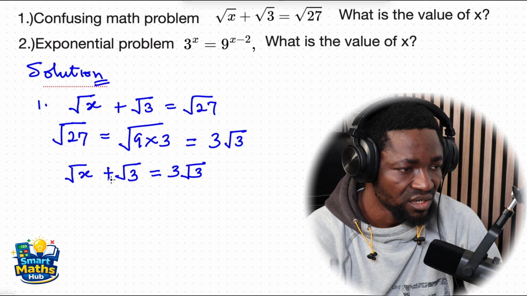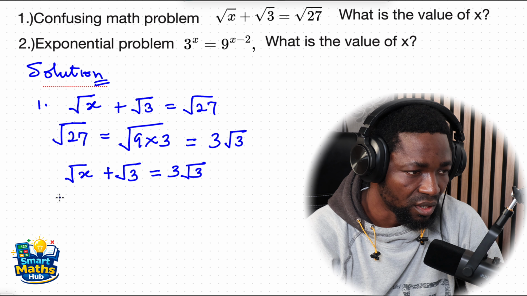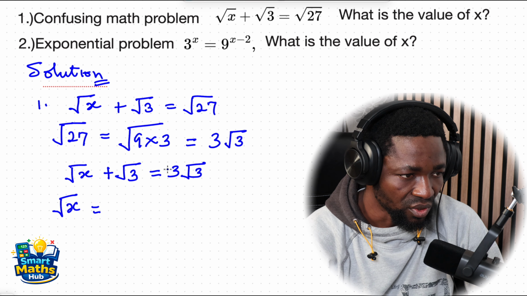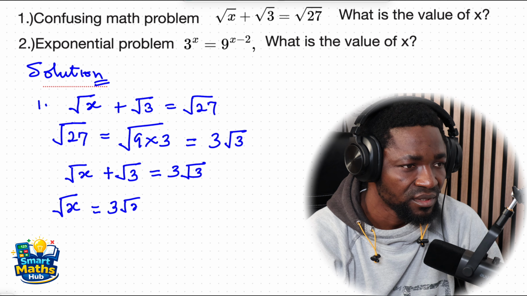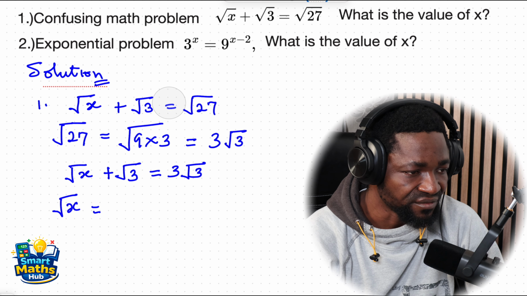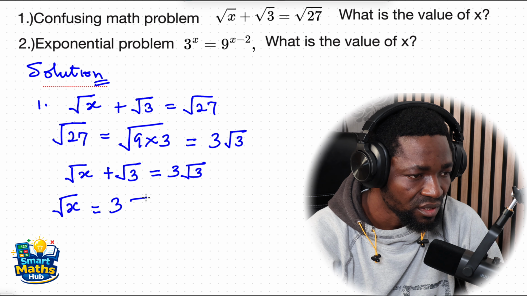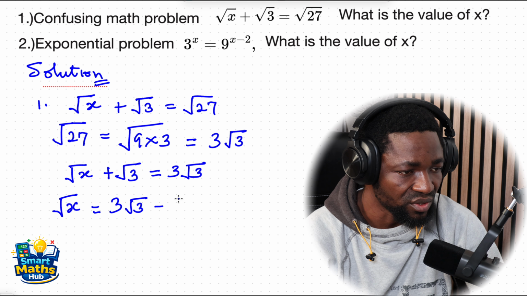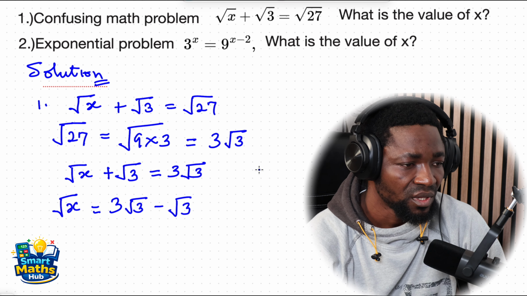When you isolate it, we have square root of x equals 3 square root of 3, and the plus square root of 3 will turn to minus square root of 3. So that's step 2.